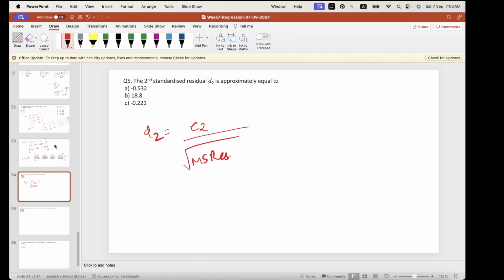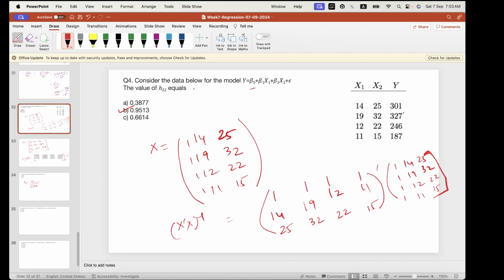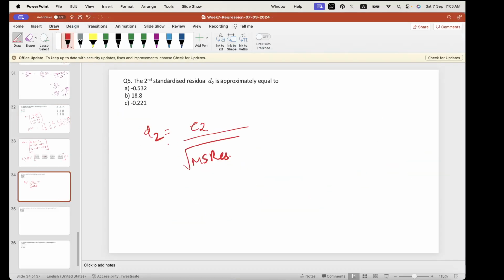Okay, so now we have to fit this model. So let's do that first. In order to find E2, we need to first get beta hat and beta values. So how do we do that?